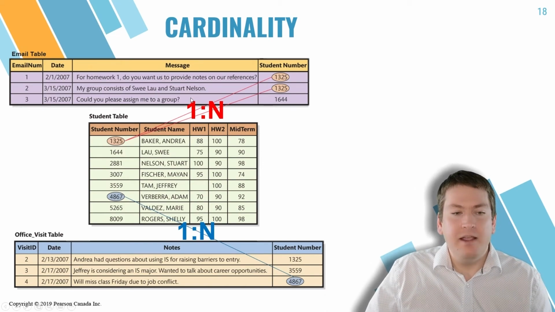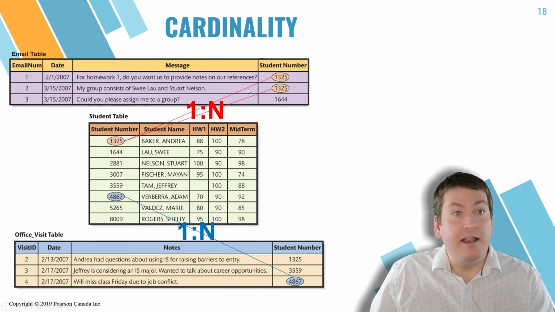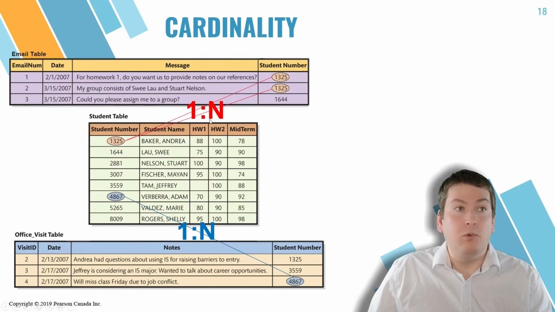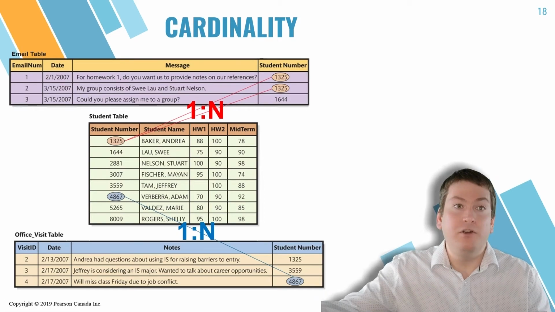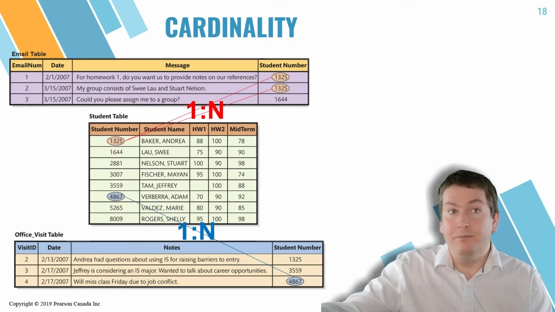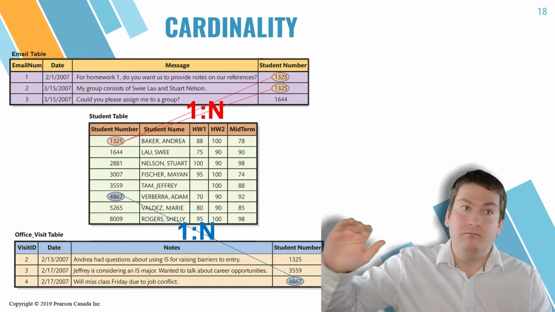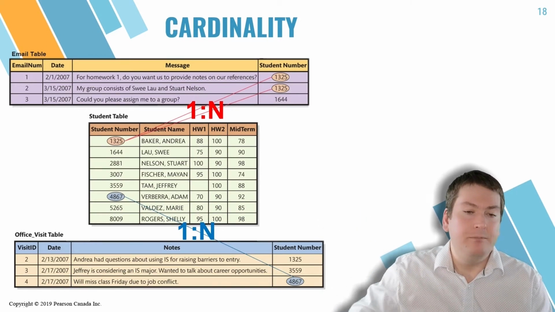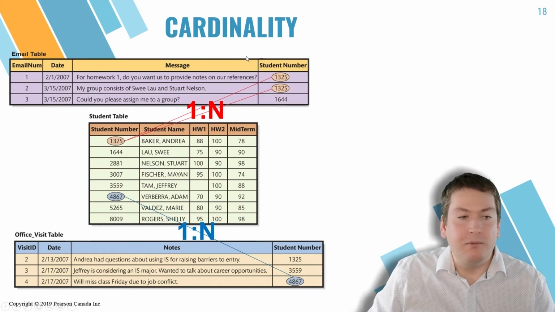And what this means is that within this relationship, there is going to be one student that can send many emails. So one student could have sent 0 emails, they could have sent 1,000 emails. It could be anywhere between 0 and basically infinity. And that's in the direction from student to email.